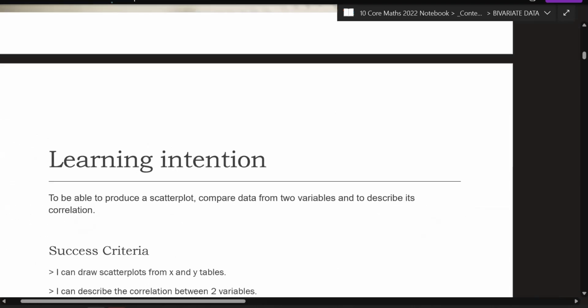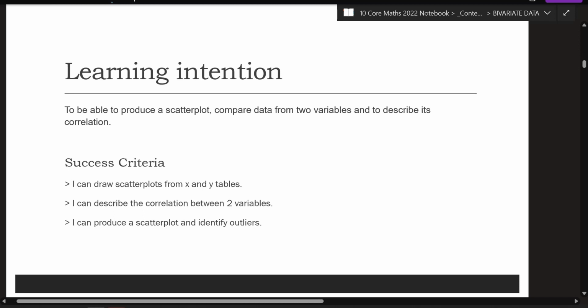As our learning intention, what I'd like you to be able to do by the end of today's session, which you did very well yesterday, is produce a scatter plot of some sort, and then compare two variables. So remember with bivariate data, what does bivariate data mean, guys? Univariate means one, bivariate means two. You've got two sets of data, and you're talking about the connection, or the correlation, which is a key word, between them.